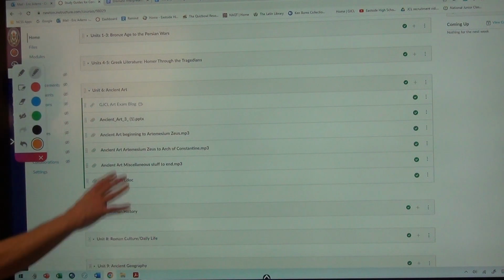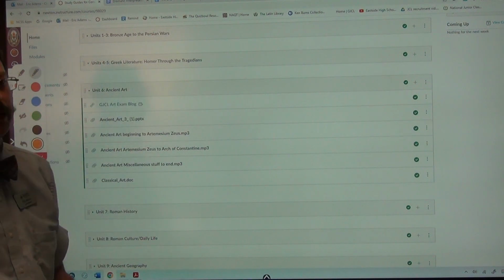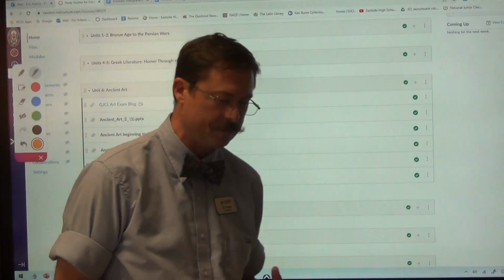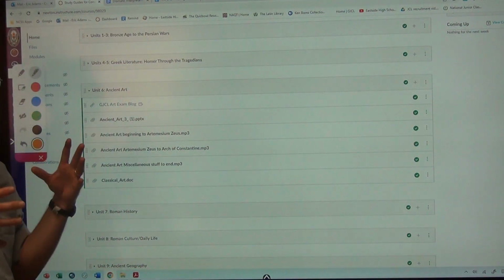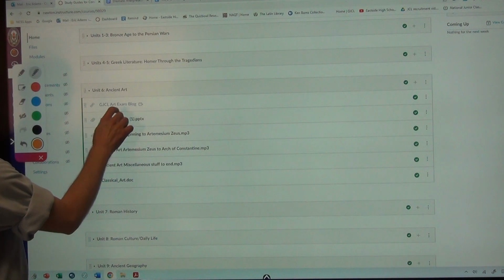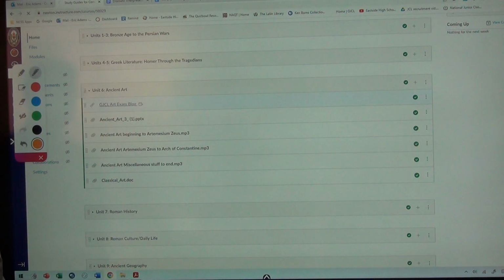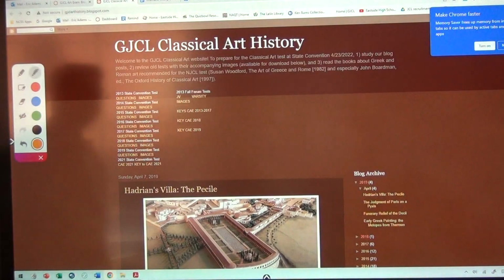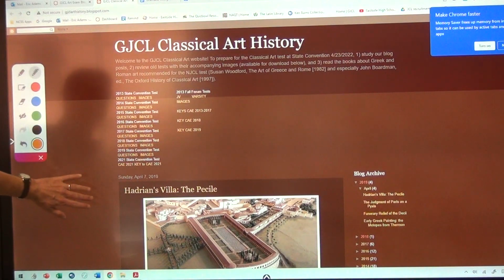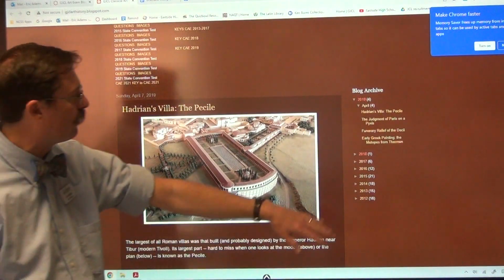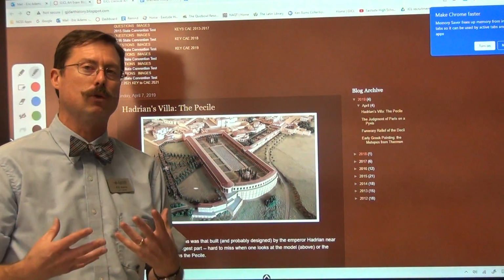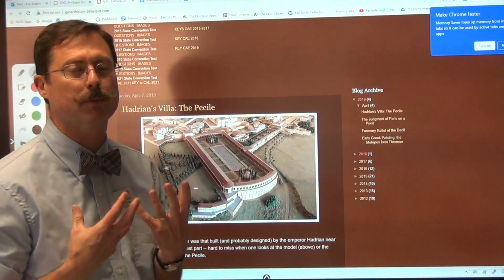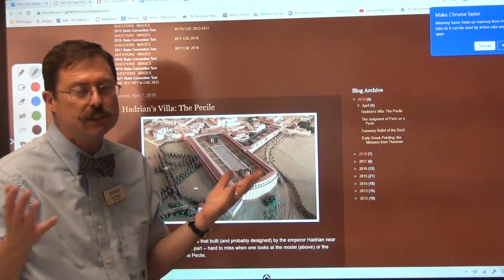You also have, because this one is unique, all the other exams are made by the classics department at UGA. This exam is made by a particular school that has made it their project for the last several years. You have the GJCL Art Exam blog, which is the blog of classical art that they have here, with various entries that you can almost guarantee are really going to be on the exam because they're coming directly from the people who make the exam, instead of my study guide, which is still helpful.